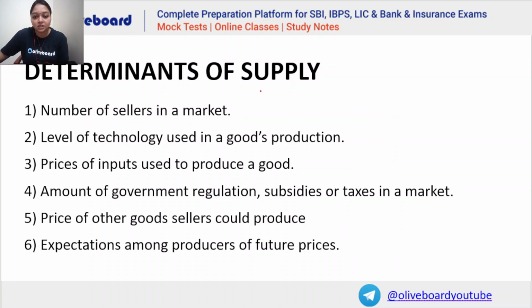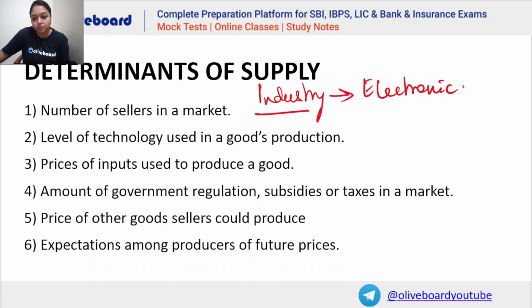Now let us take it industry-wise, right? Now let us take the electronic vehicles market. Not many well-known brands are there out there. There are only a few sellers. Because there are few sellers, there are only a few choices for the consumers. There are only a few outputs.